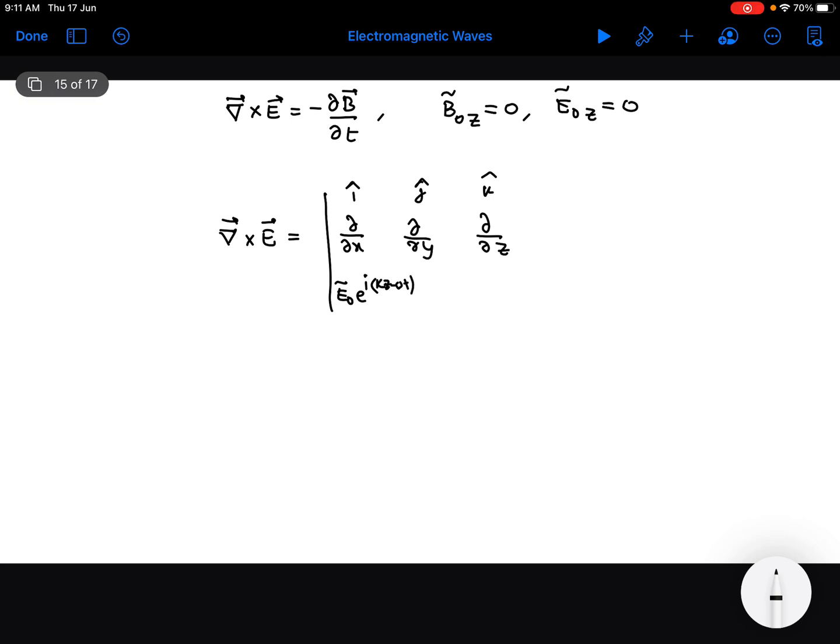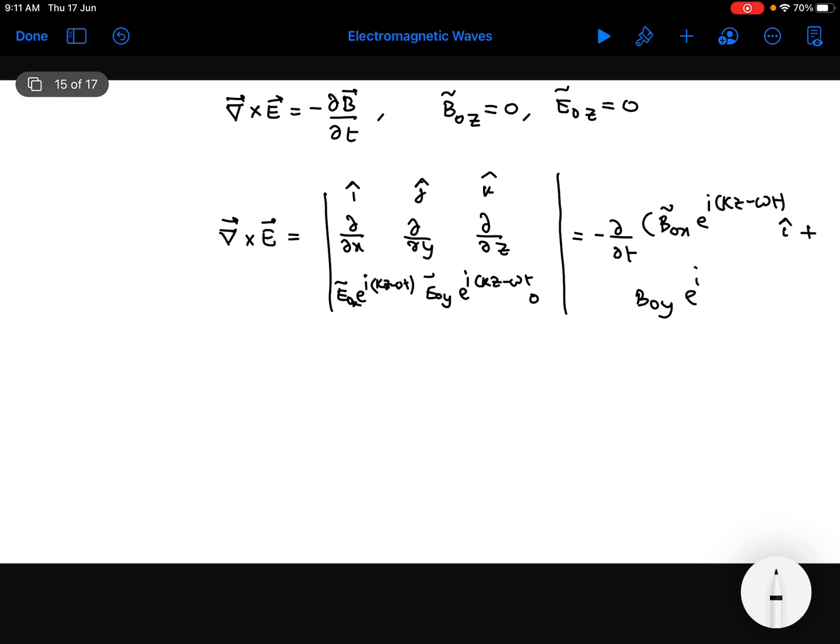The k component is 0. This equals minus ∂/∂t of B0x e to the power i(kz minus omega t) i cap plus B0y exponential of i(kz minus omega t) j cap.